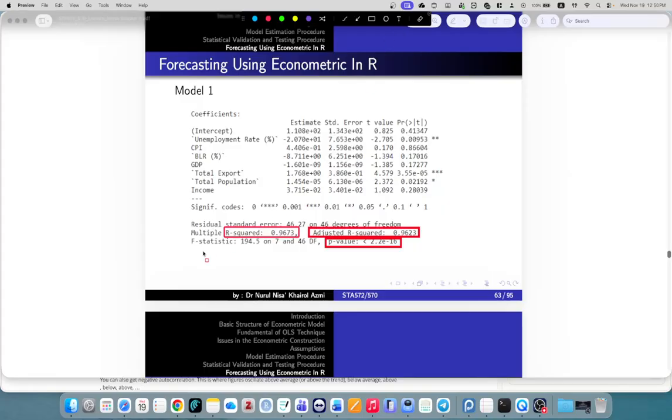So if you want to explain the R square, suppose that we use the adjusted R square value 0.96.